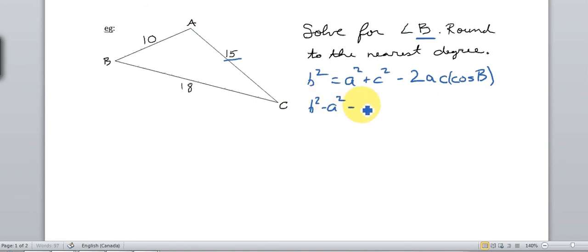And we still have to get this cos b by itself, right? So we got to get rid of this negative 2ac. So let's divide everything by negative 2ac. Okay, what we end up with is all of this equals cos b.